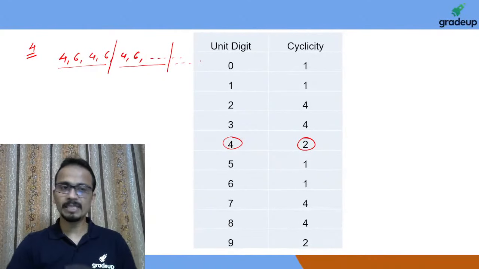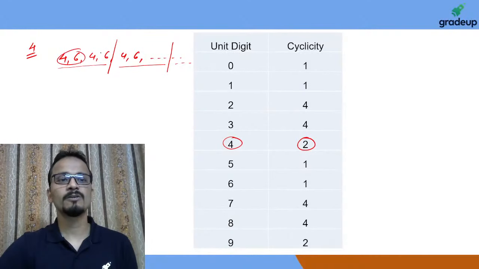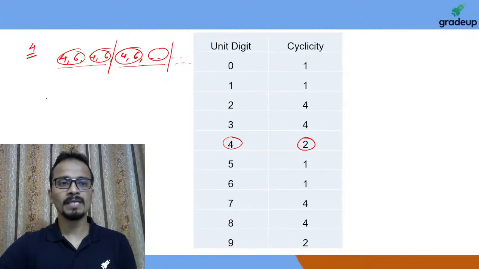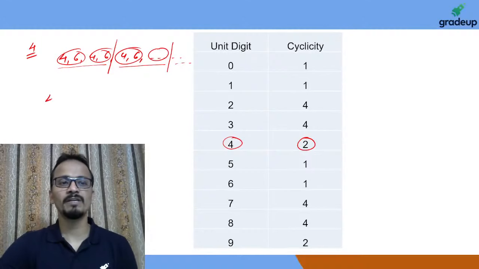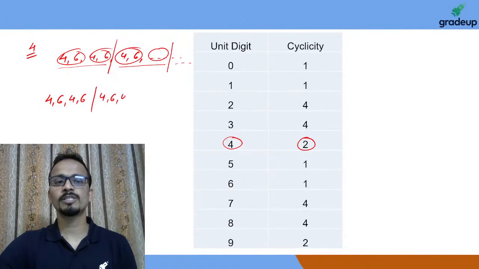I'll repeat it again. For the powers of 4, the unit digit is repeating after every second power. So it is 4, 6, 4, 6, and then 4, 6, 4, 6, and so on. Now, instead of looking at the repetition after every second power, I'll consider the repetition after every fourth power. So I'll make the groups of 4, 6, 4, 6, and so on.